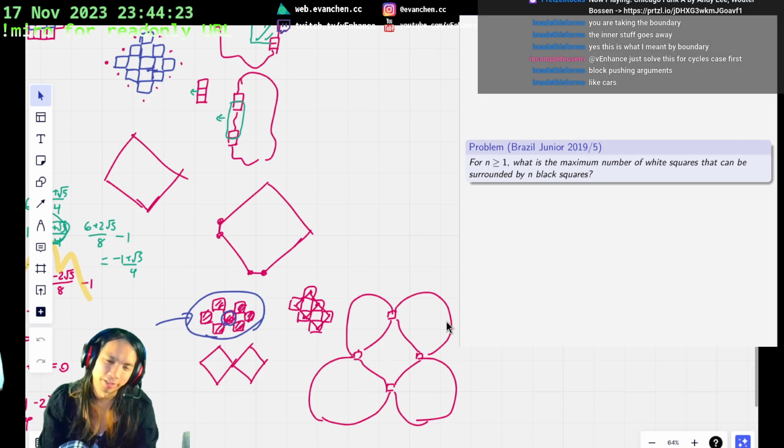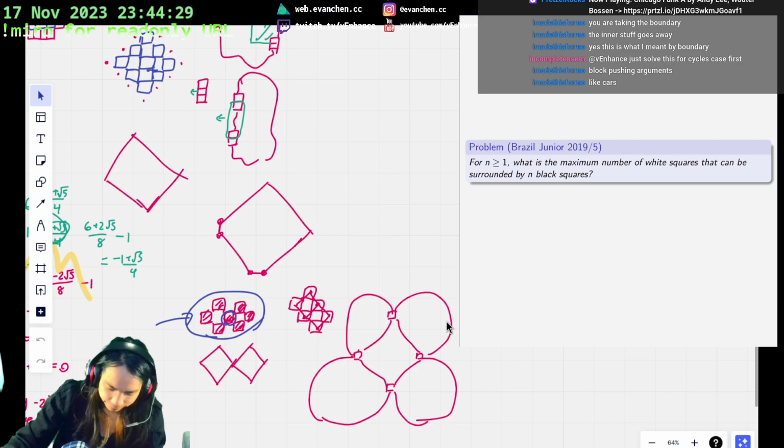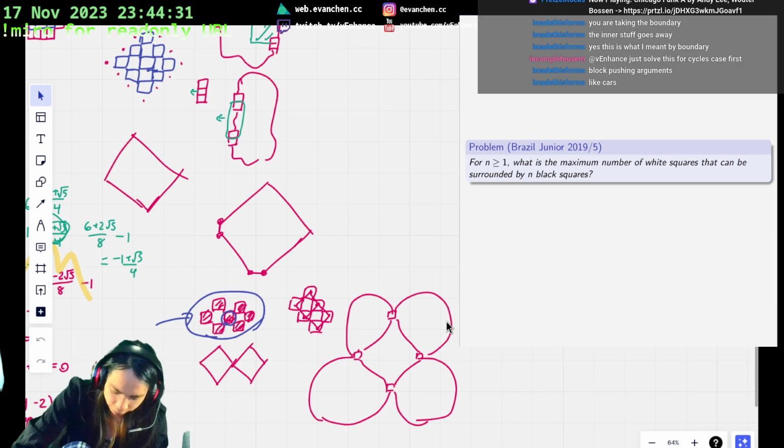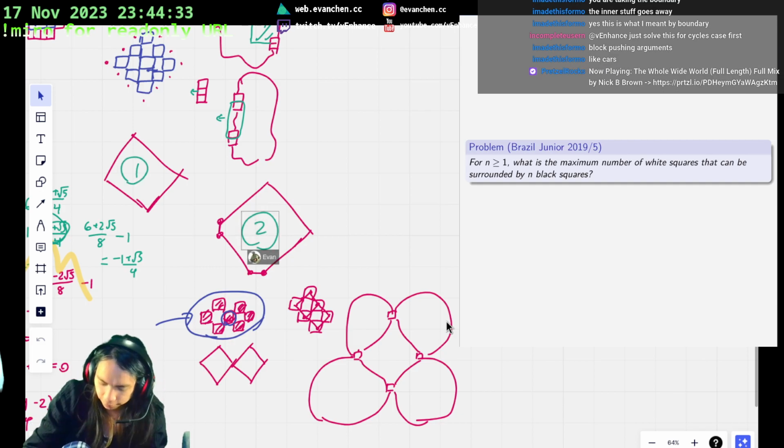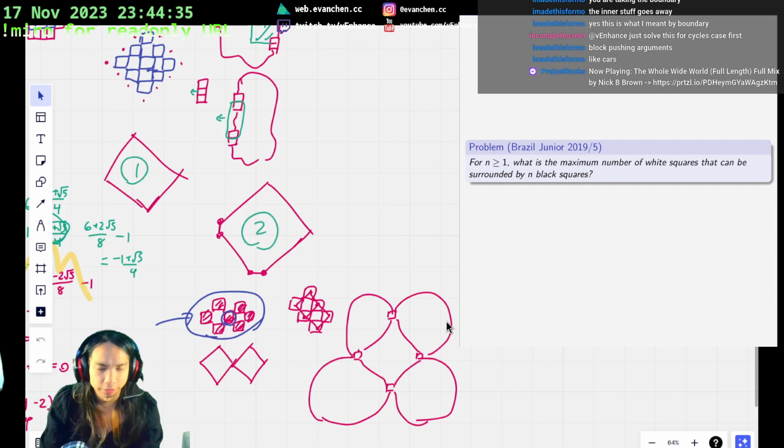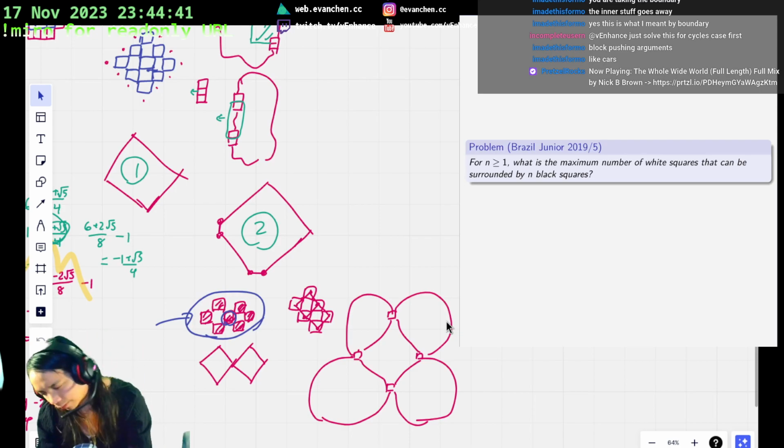Once it's convex, then you can do the domino argument to get rid of the dominoes, and now once there's at most two dominoes, you're either in this case or this case, and then you manually compute the number of enclosed things in each of these cases, and then compare. Okay, that should work.